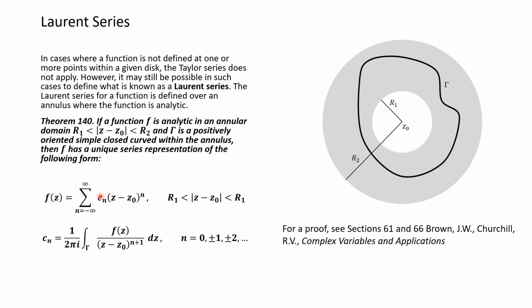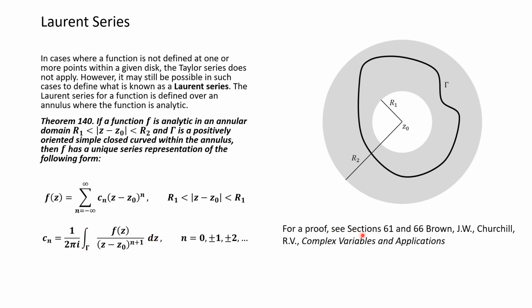So f of z equals the sum, notice it goes from minus infinity to plus infinity, c sub n times z minus z sub 0 to the n. So this is the Laurent series about z sub 0 of f of z. And then your c sub n is actually a contour integral. It's found by taking this contour integral that I've drawn here.